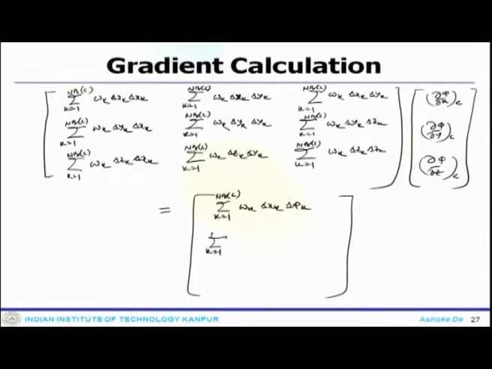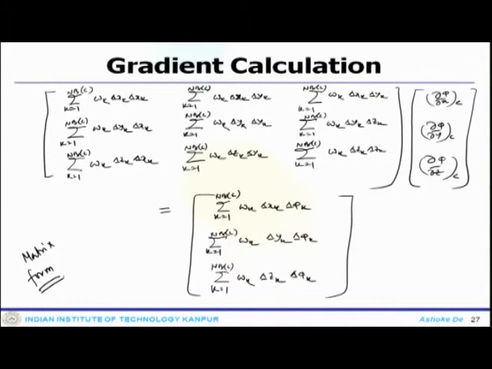Similarly, summation k equals 1 to NBC Wk delta yk delta phi k, and summation k equals 1 to NBC Wk delta zk delta phi k. So, you have essentially gotten the matrix form. This is the matrix form of the previous equation.